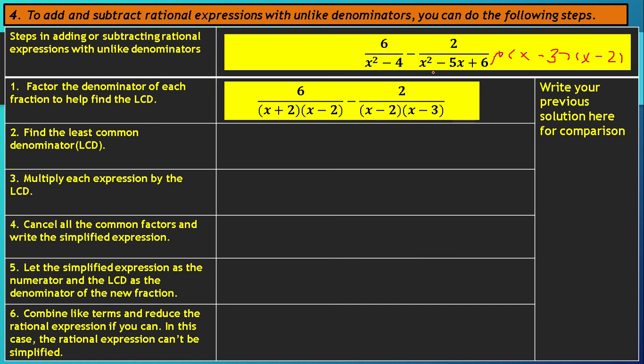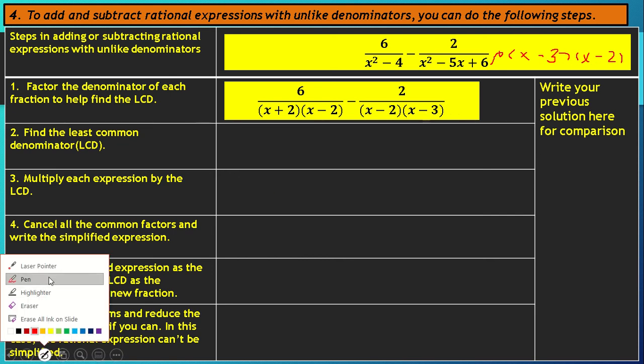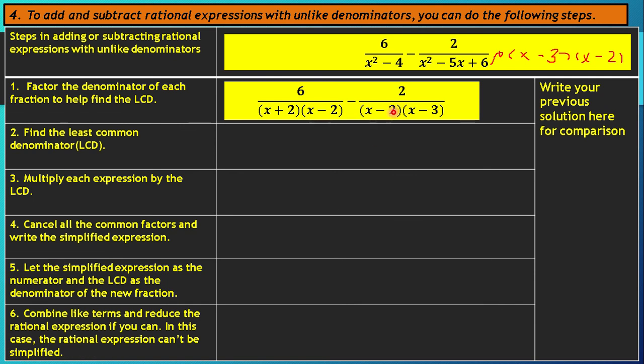So, ang factors ng trinomial na to ay x minus 3 and x minus 2. Okay, kaya meron tayong x minus 2, x minus 3 na factors dito sa denominator ng second fraction or second rational expression natin.